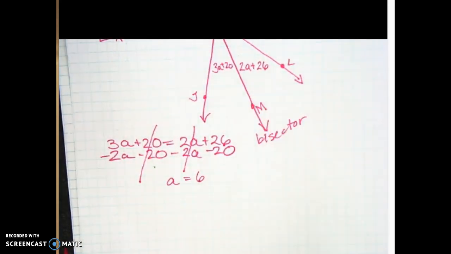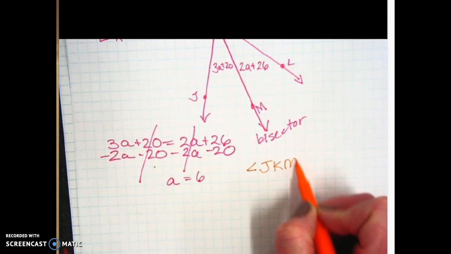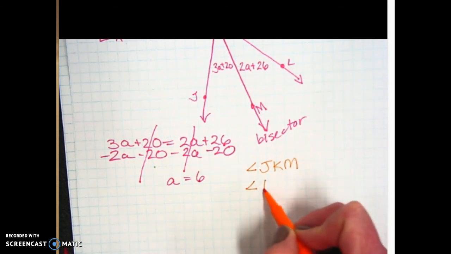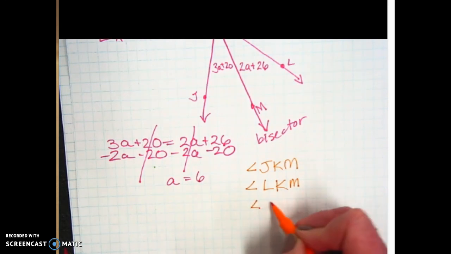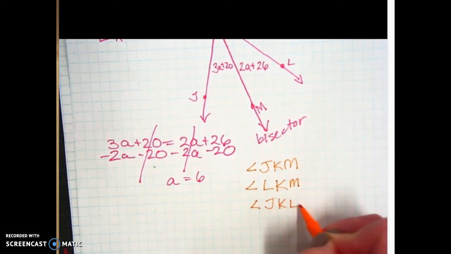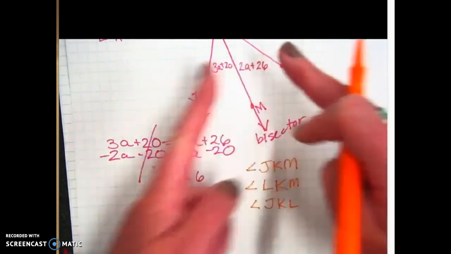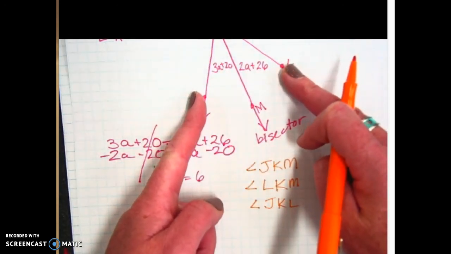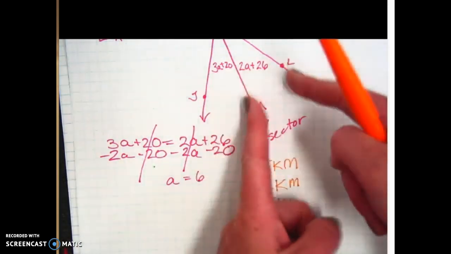So there's 3 different angles they could ask you about. They could ask you about angle JKM. They could ask you about angle LKM. Or they could ask you about angle JKL. So if you're not sure which one is which, then take your finger or your pencil and tap it out. Is it one of the 2 smaller ones, or is it the whole bigger one? Okay, so it's obviously going to be easier to start with one of the smaller ones.